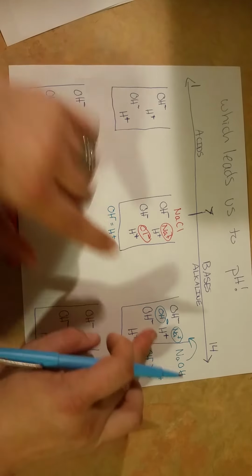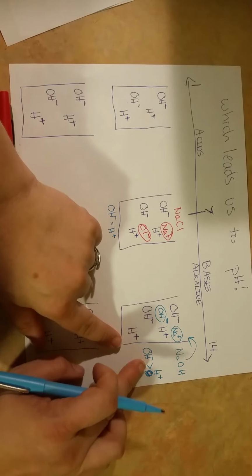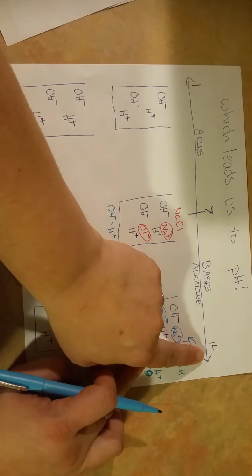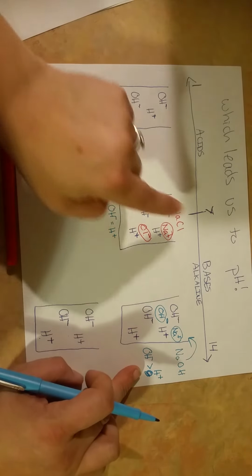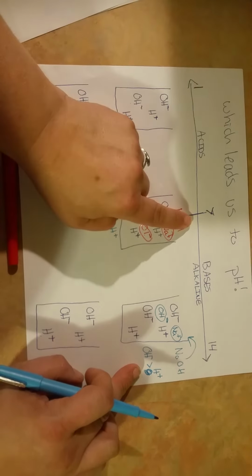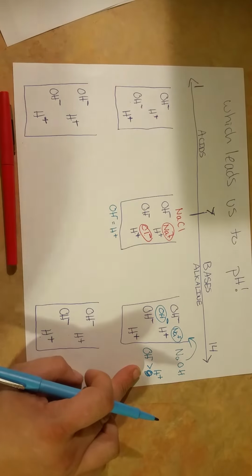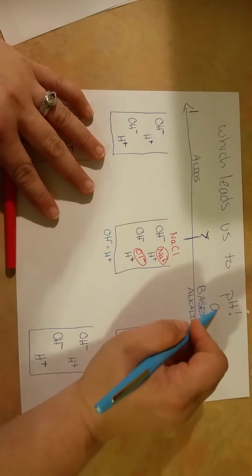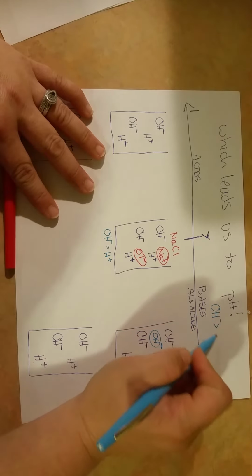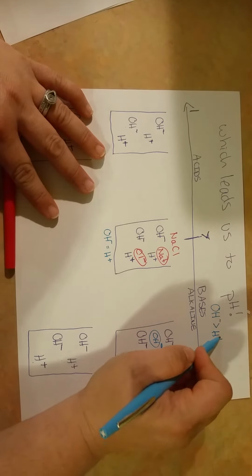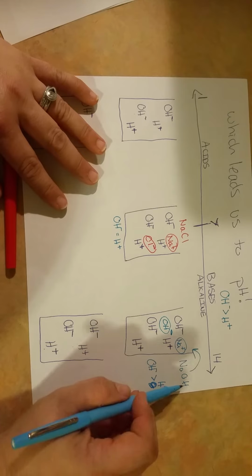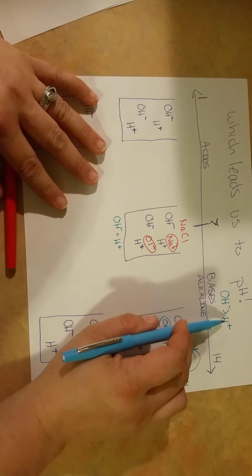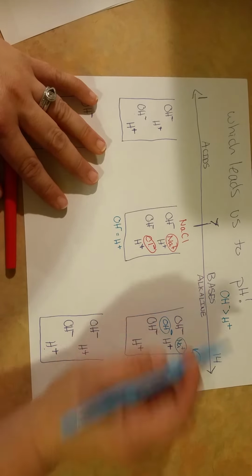The bigger this difference is, the more basic it is. The closer this is to equal makes it less basic. Now, here we have this imbalance where OHs are greater than hydrogen ions. So we did that here by adding OHs. We can also do it by subtracting hydrogen ions.